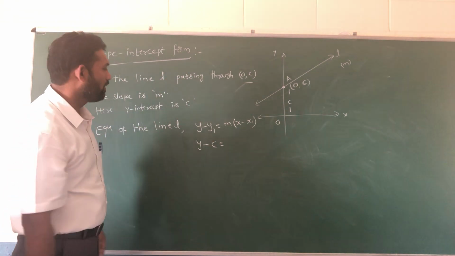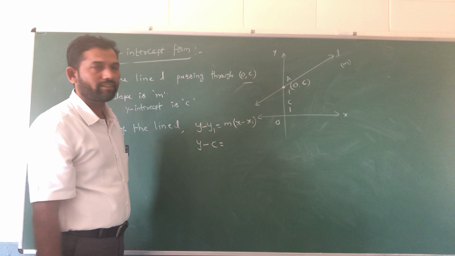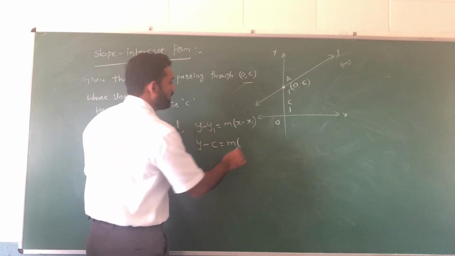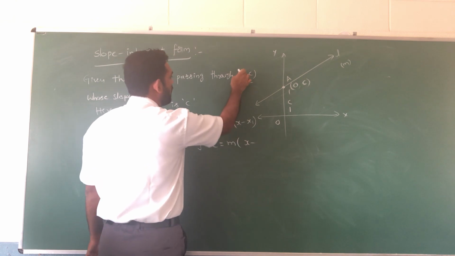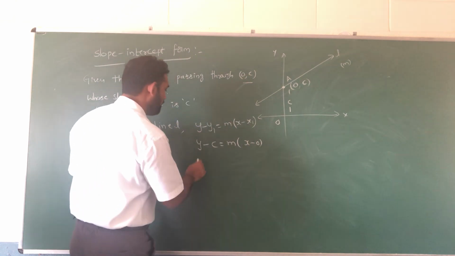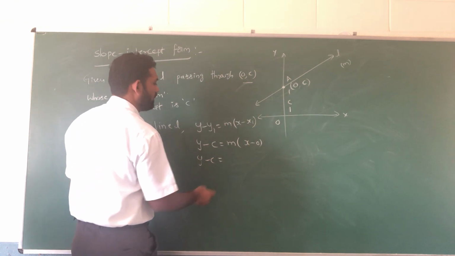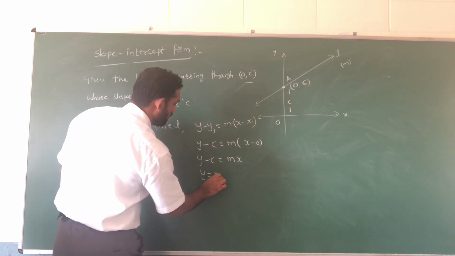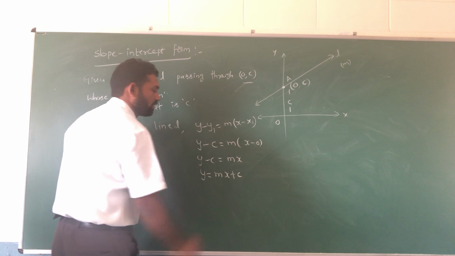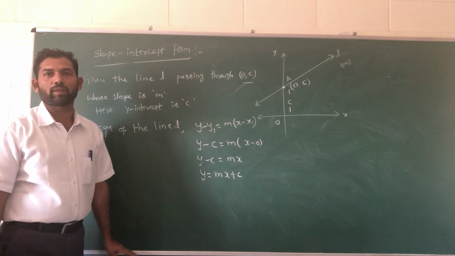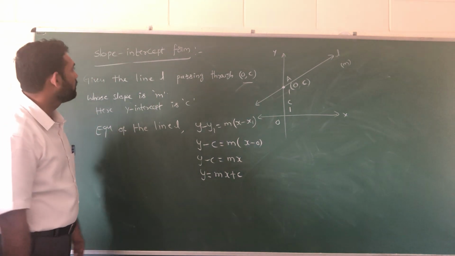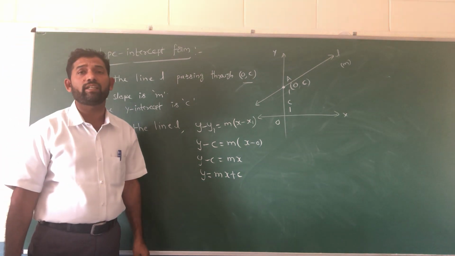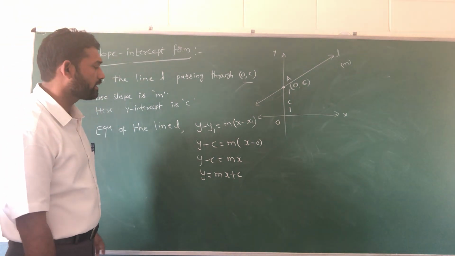So y minus c, next m is m only here. X minus x1, the value is 0. So simplification: y minus c equal to mx. So y is equal to mx plus c, which is our slope intercept form.